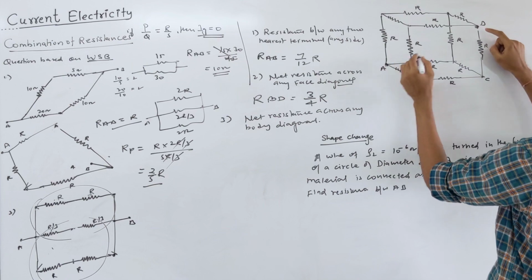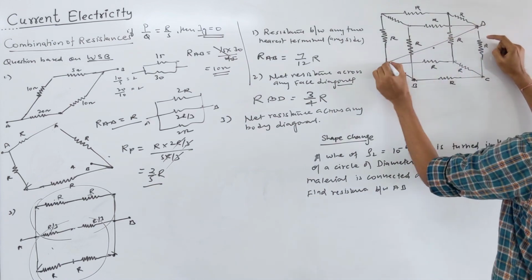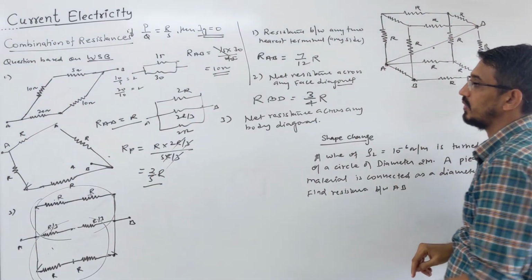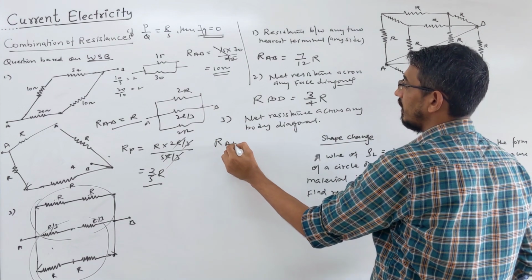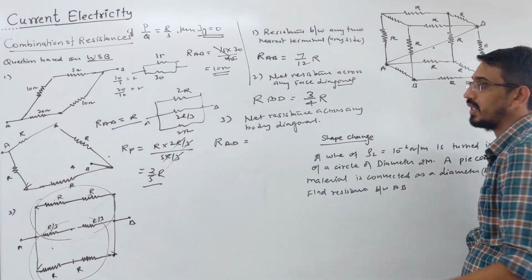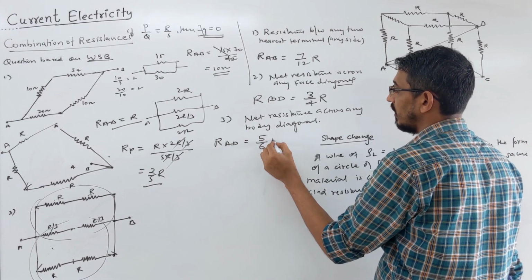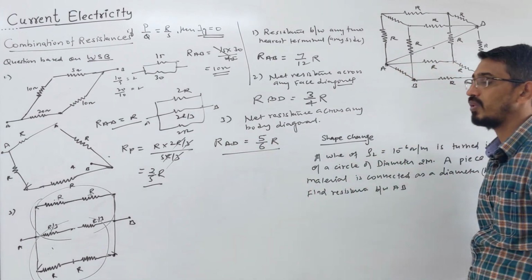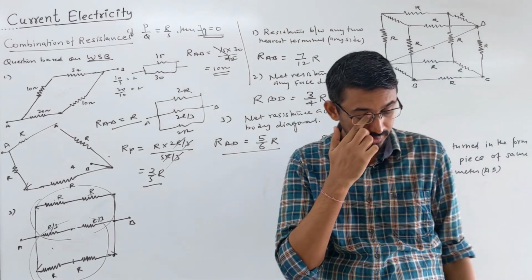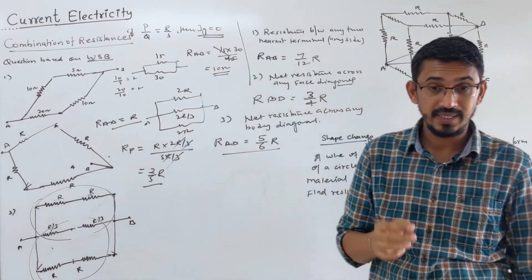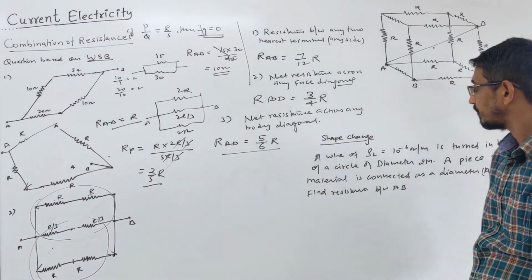This is a body diagonal, it passes through the center of this body. So in this picture, AD is your body diagonal. What is the answer in this case? Sorry, 5 by 6 of R. So these values you have to remember directly. It will help to solve these questions. They did not ask this in the NEET exam, but they have asked it in an AIIMS exam.